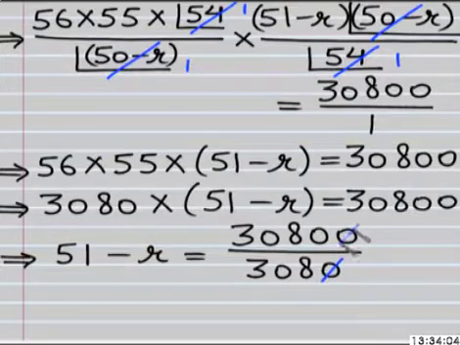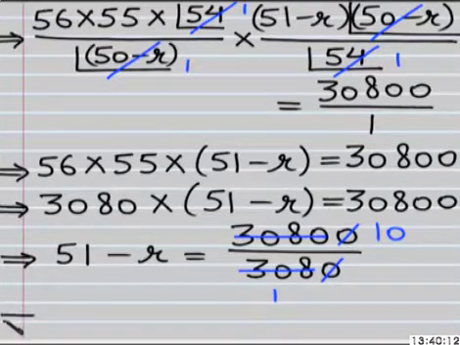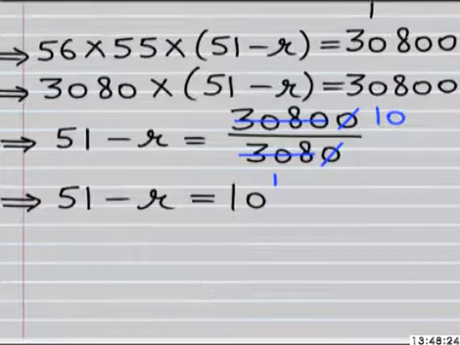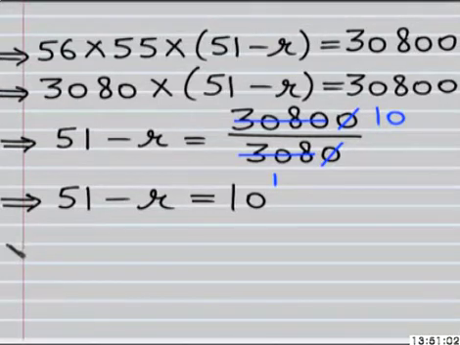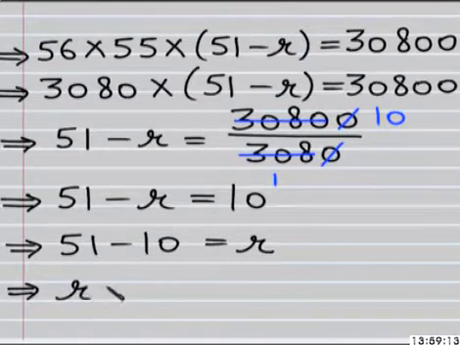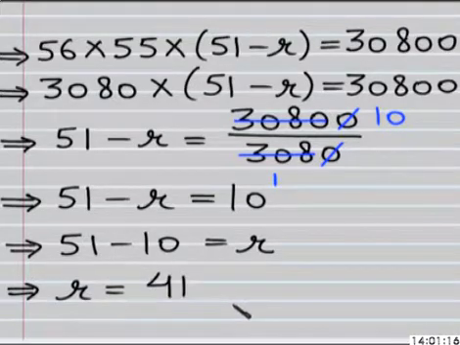On solving, we get 51 minus r is equal to 10. So this implies 51 minus 10 is equal to r, which implies r is equal to 41.